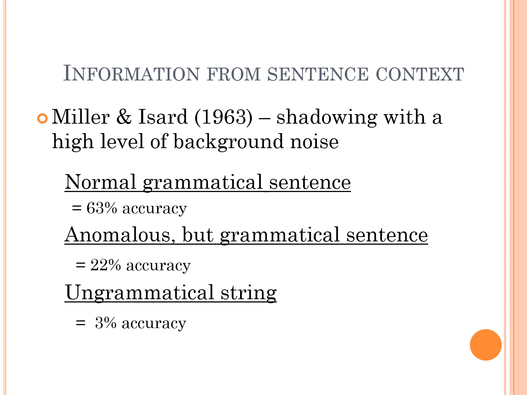The semantically anomalous but grammatical sentence was at 22% accuracy, so I've kind of lost it there. But look at what happens with the ungrammatical string. 3%, I'm really close to zero, right? So the grammar was getting me into some of those sounds, but not nearly as much as having something that is grammatical and makes sense.